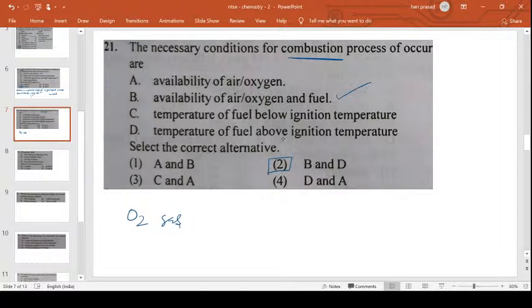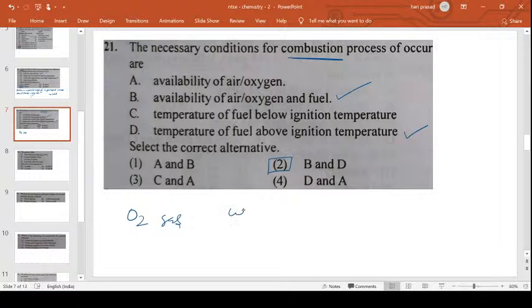Then what is required? Fuel. So one is oxygen, that is from air. Another one is fuel. Next, the temperature of fuel should be above ignition temperature, then only combustion is possible.